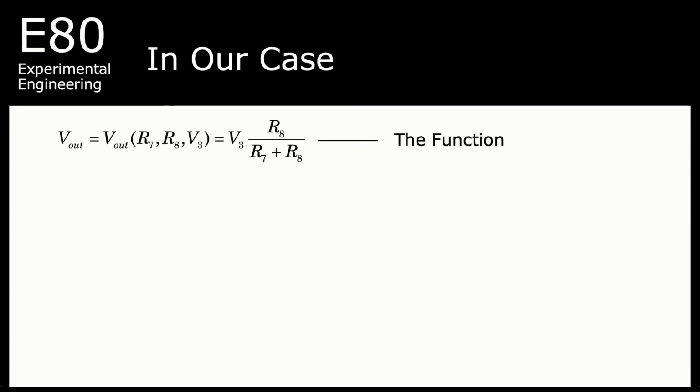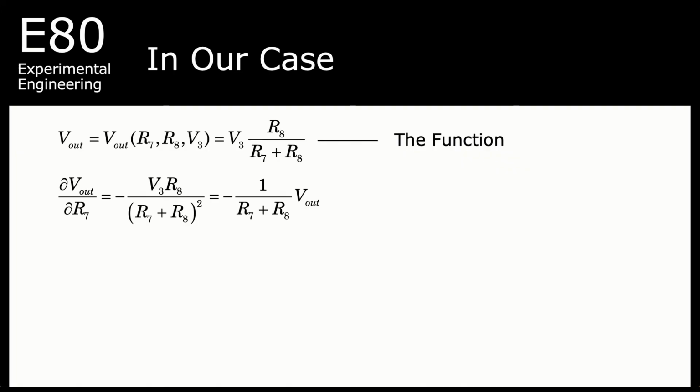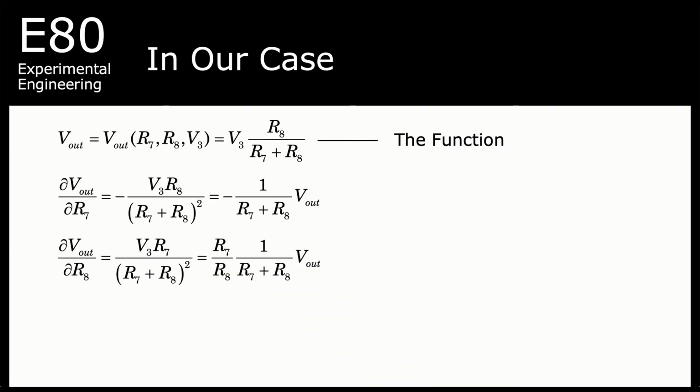Taking the partial derivatives, in our case, dv out dr7 equals negative v3 r8 divided by the quantity r7 plus r8 squared, or substituting back in for v out, negative v out divided by r7 plus r8. dv out dr8 equals v3 r7 divided by the quantity r7 plus r8 squared, or substituting back in for v out, r7 over r8 times v out divided by r7 plus r8.